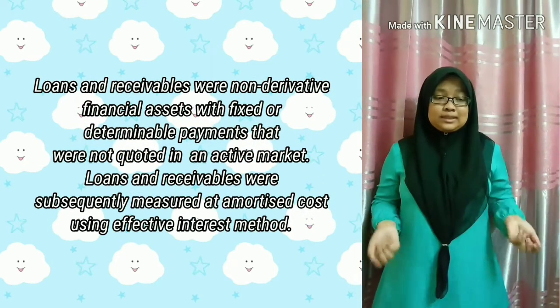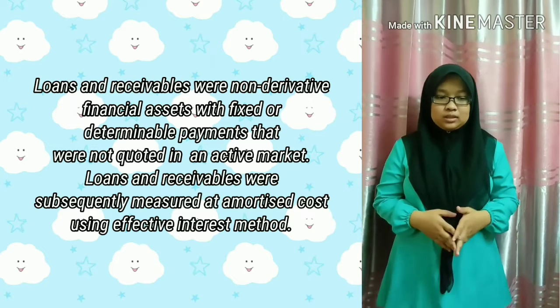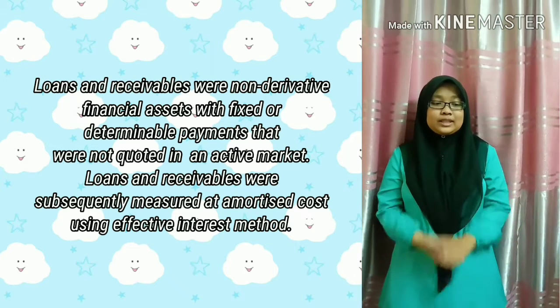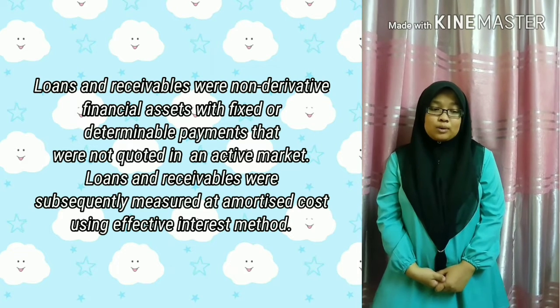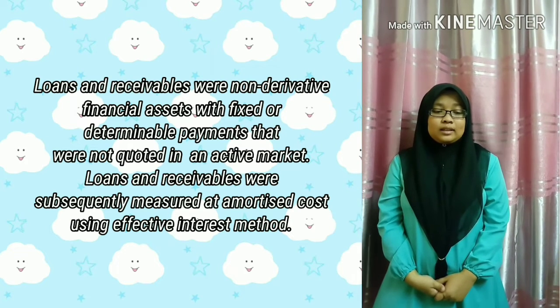For the example of accounting estimate, both companies apply the same thing, which is we take a look at the loans and receivables. Loans and receivables were non-derivative financial assets with fixed or determinable payments that were not quoted in an active market.